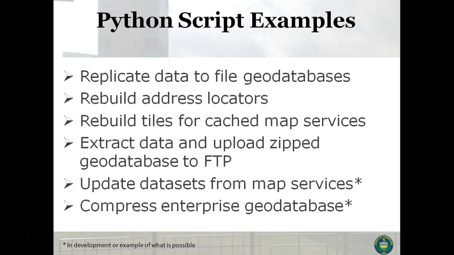We're rebuilding tiles for cached map services. And then with the South Central Task Force, we were doing quarterly updates where we had built a custom geoprocessing tool. And so we actually took that tool and reformatted it as a script that can be run as a scheduled task. And so on a monthly basis, we have counties either running the script standalone or as a scheduled task that basically extracts the data to a local geodatabase, zips it up, uploads it to our FTP.